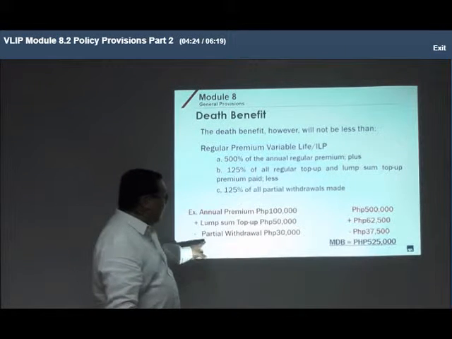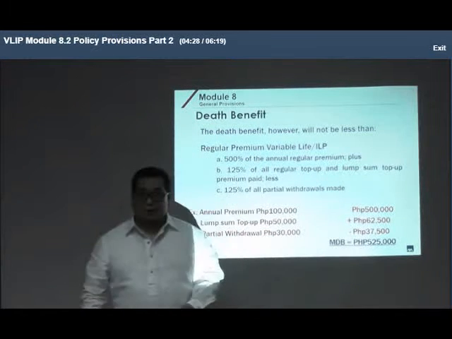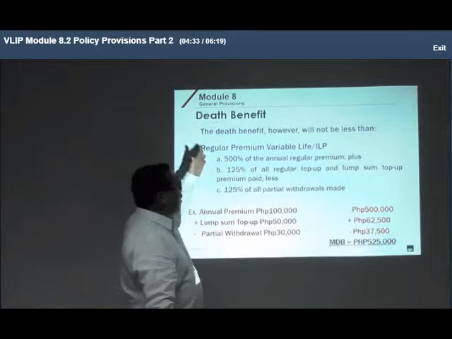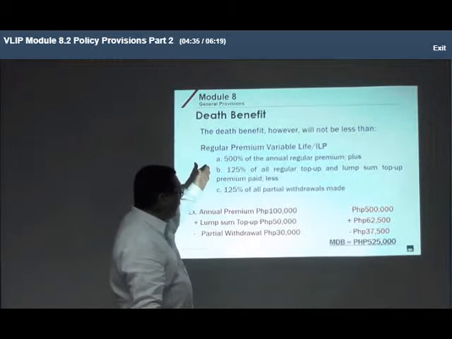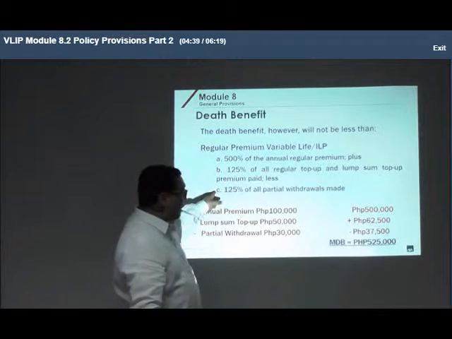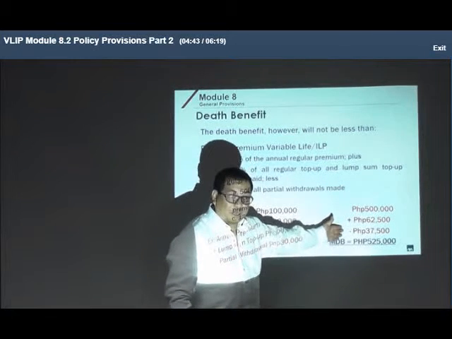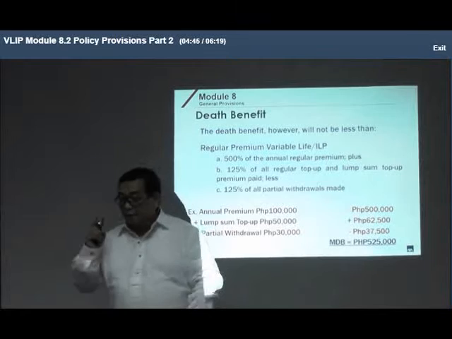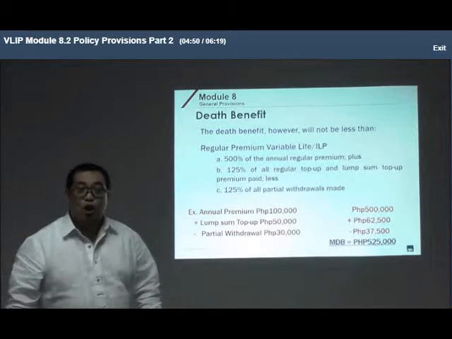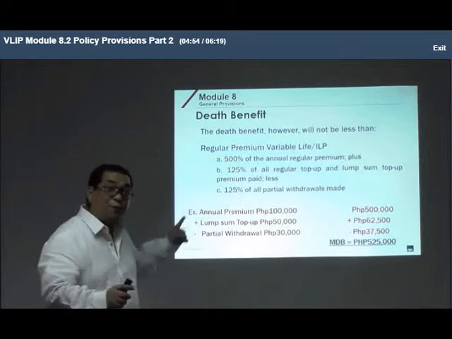And 125% of 30,000 is 37,500. Following this formula, 500% of the annual premium plus 125% of top-ups minus 125% of all withdrawals, we will come up with this amount. So, the minimum death benefit in this example is 525,000.